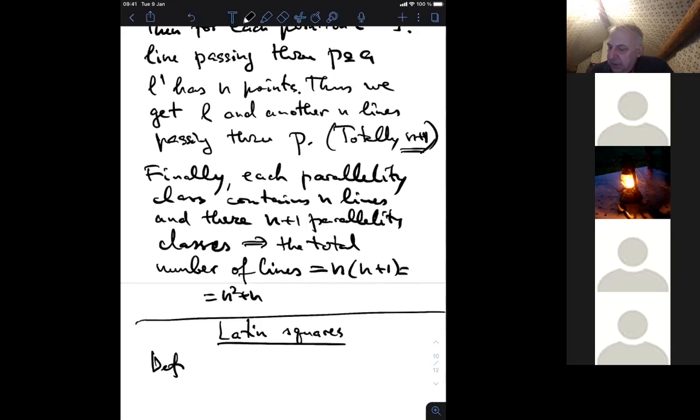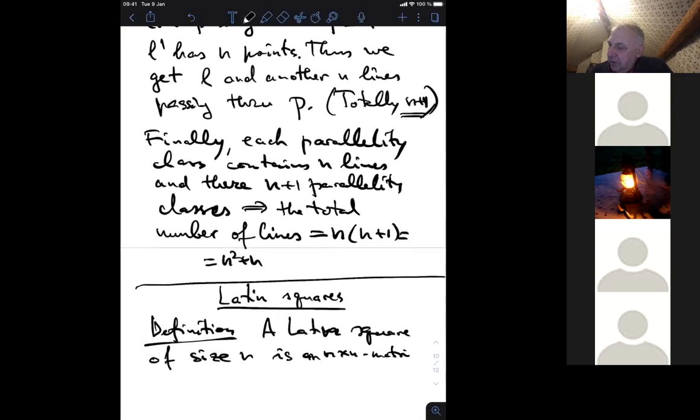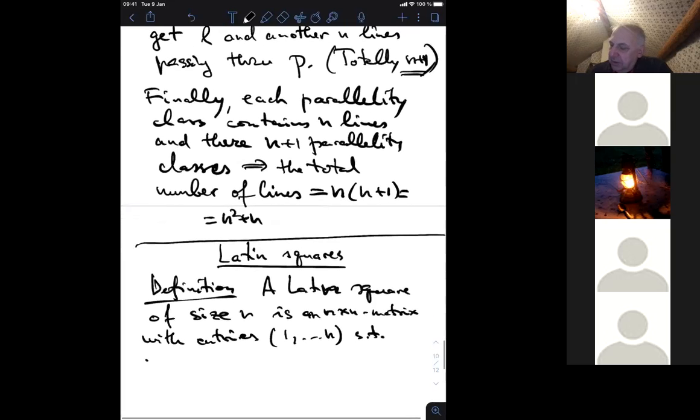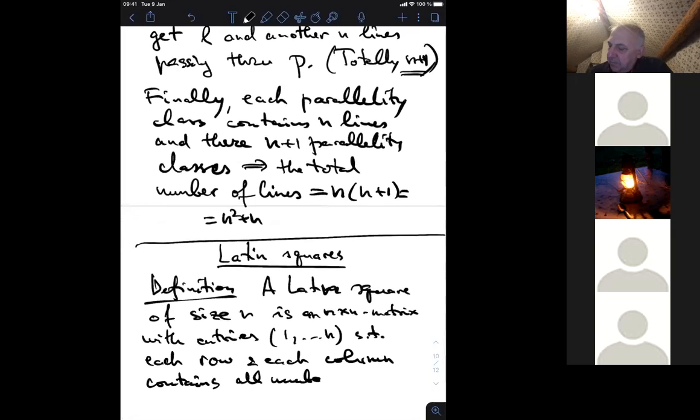The main definition is: a Latin square of size n is an n by n matrix with entries 1 through n, such that each row and each column contains all numbers once each.